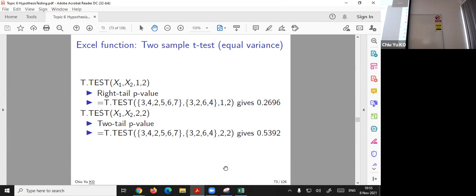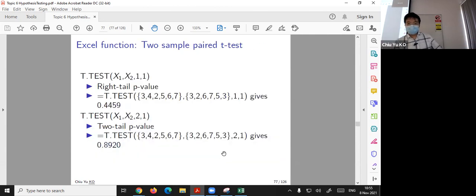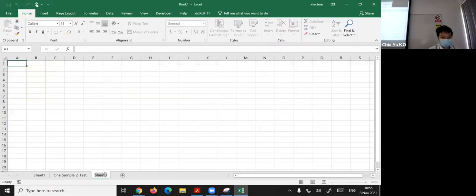Here you have the last digit, which has three options, 1, 2, and 3, corresponding to our notes. If 2, it is equal variance; if 3, unequal variance; if 1, it is paired. Let me show you how to do it again. I guess we did it last time already.